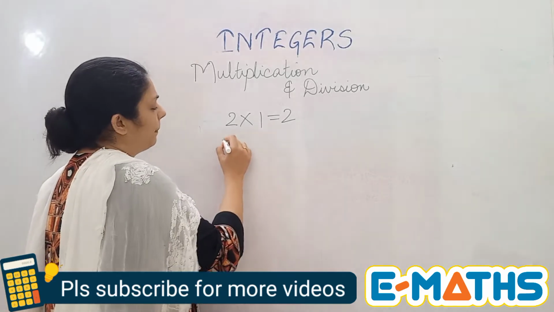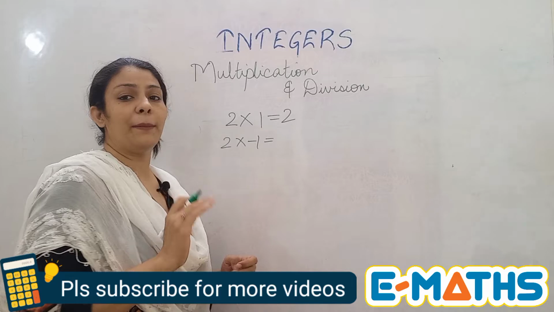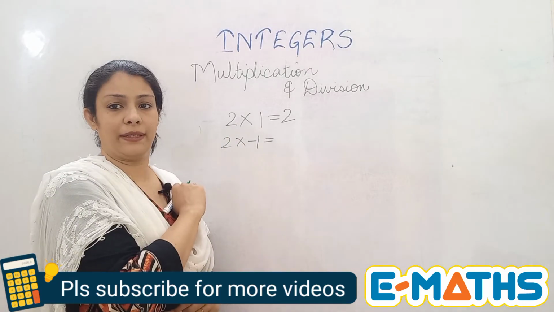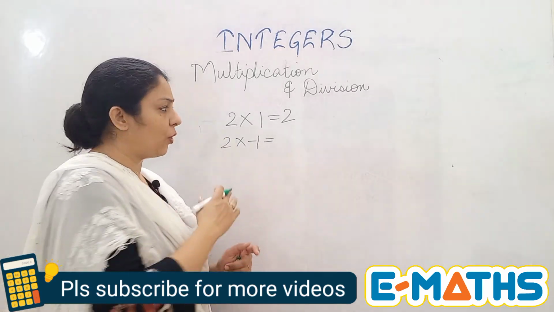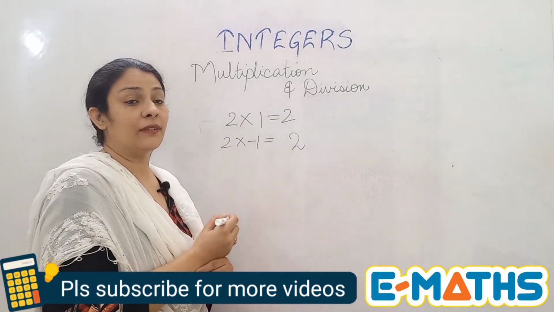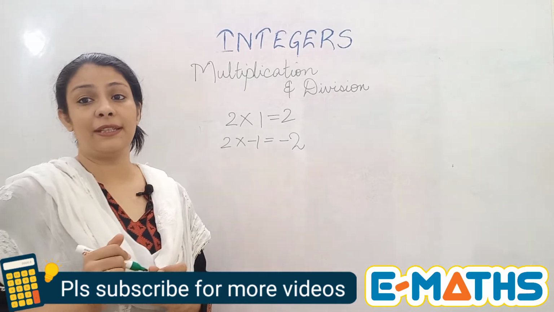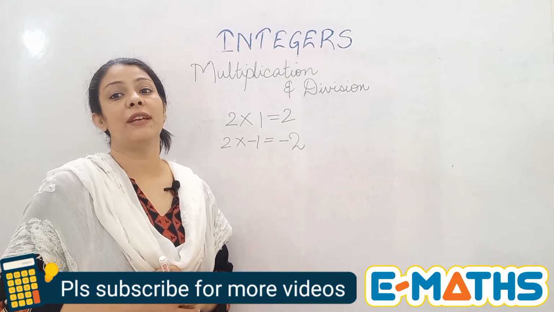Now what will happen if I have a single digit having a minus sign? Amongst the two numbers, we have this one number having a minus sign. So we'll simply multiply. You are going to multiply 2 into 1 is 2. The sign that you are going to take here will be minus. Now in case of multiplication and division, it doesn't matter which number is bigger and which sign it is having.